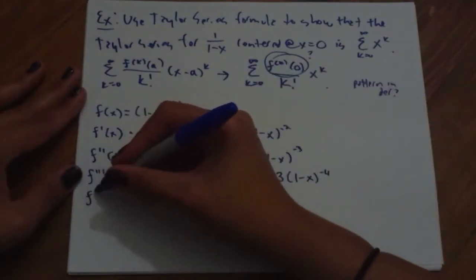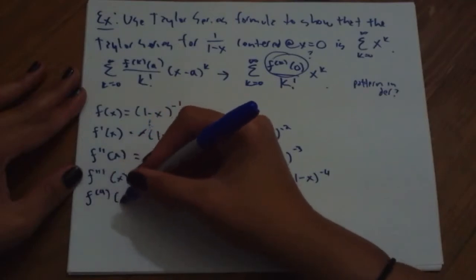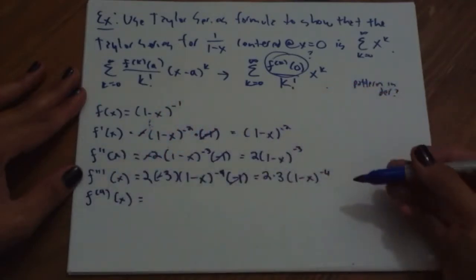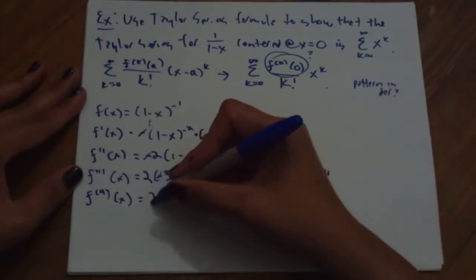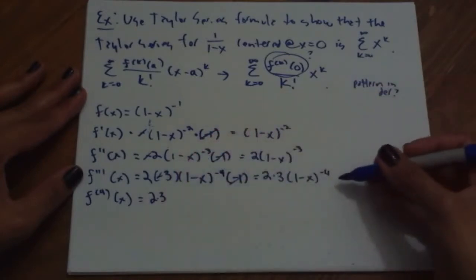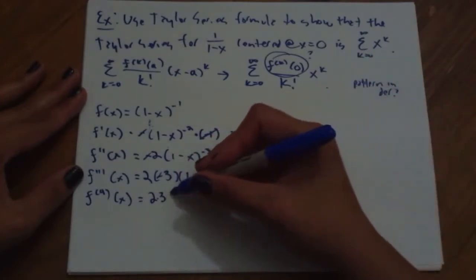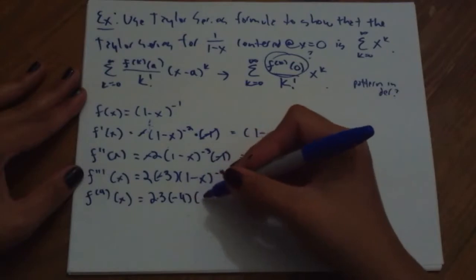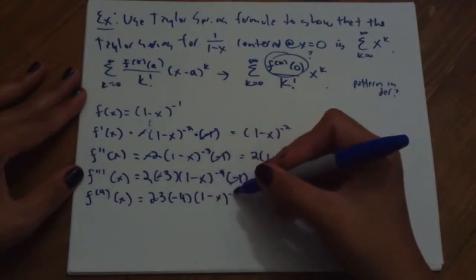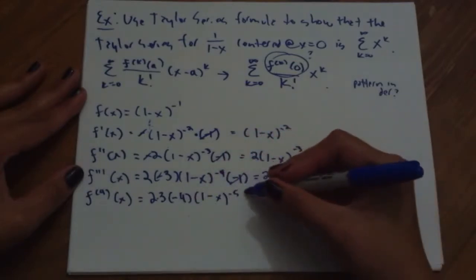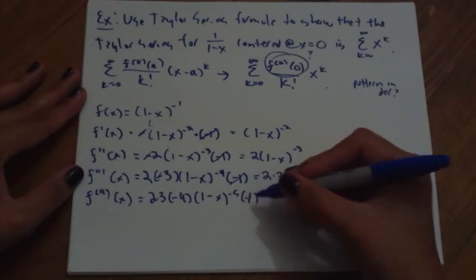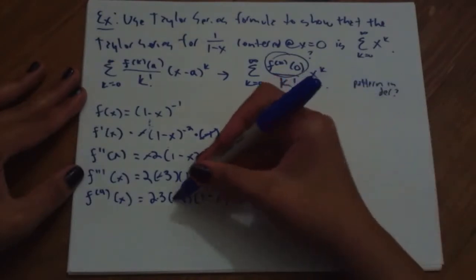For my fourth derivative, chain rule one more time, hang on to your constant coefficients. I'll be bringing down that minus 4, taking 1 minus x to the minus 5. The derivative of the inside is minus 1, so my signs will cancel.